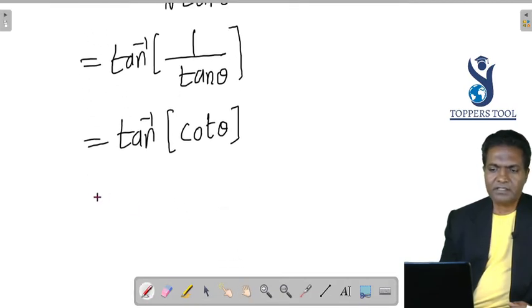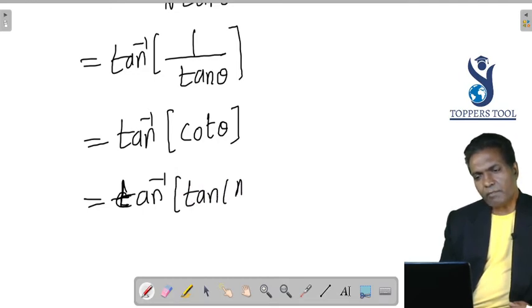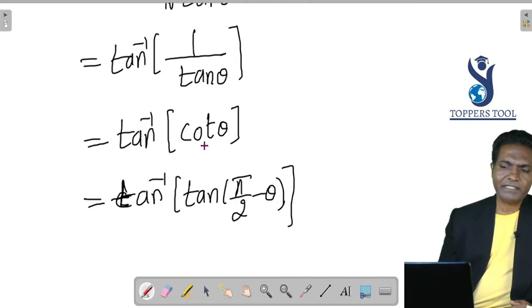Now see here, you have to convert this cot in terms of tan. So this is tan inverse of cot, which can be written in terms of tan as tan of pi by 2 minus theta using allied angles, because tan of 90 minus theta is cot theta.